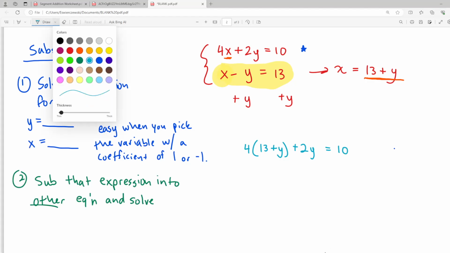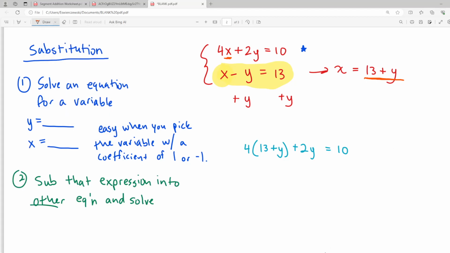Now I have to use all the skills we hopefully know to solve a linear equation. First thing I would do is distribute. 4 times 13 is going to give me 52, plus 4 times y is 4y, plus everything else comes down.